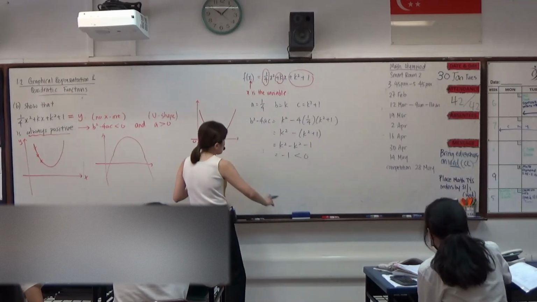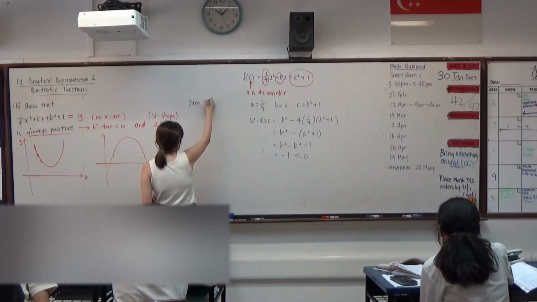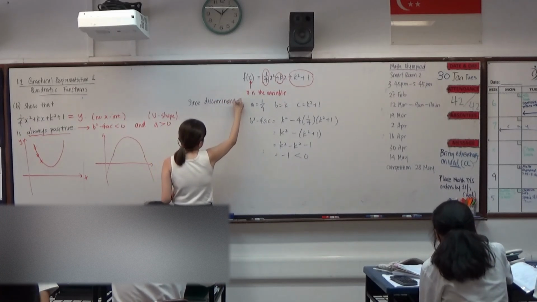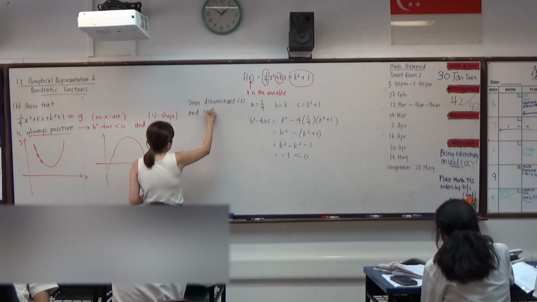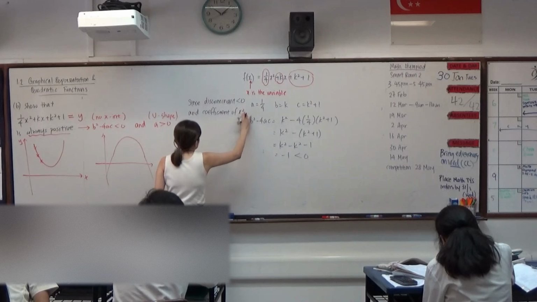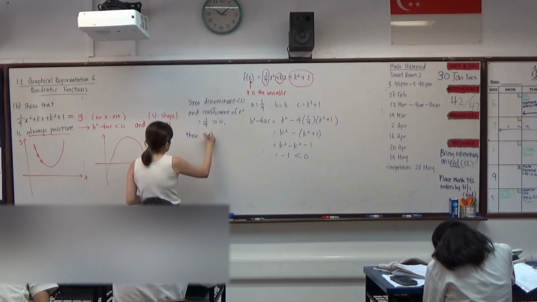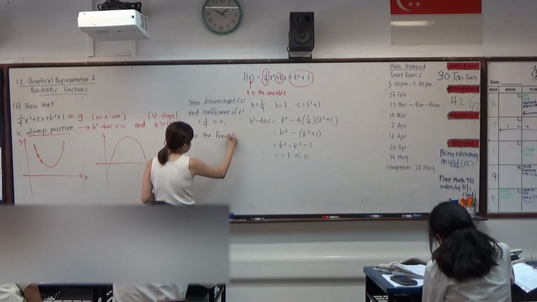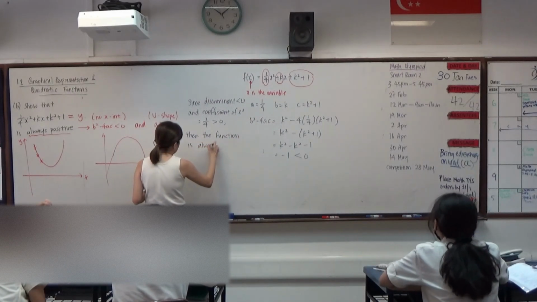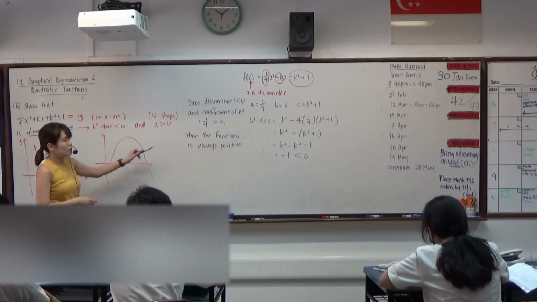So to conclude, we will say that since discriminant less than 0 and coefficient of x squared equals 1/4, which is more than 0, then the function or the graph is always positive. Write your concluding statement.